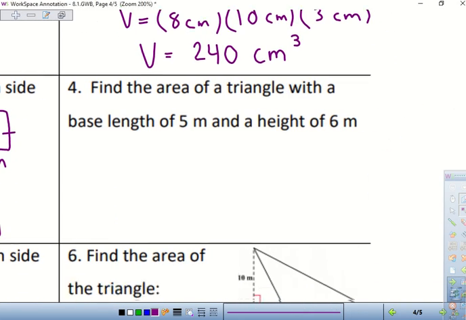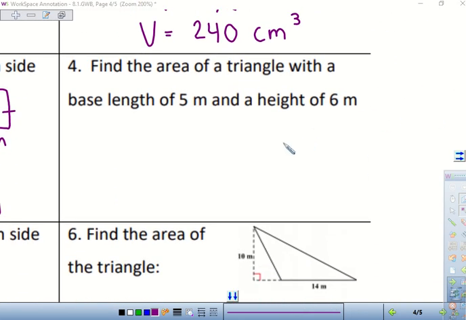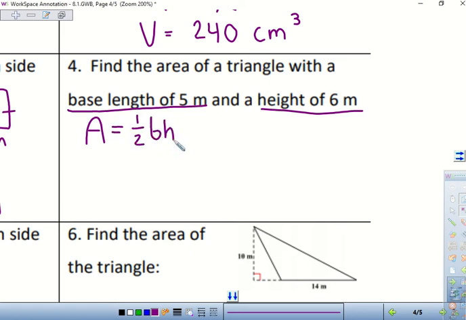Alright, so it says, find the area of a triangle with a base length of 5 meters and a height of 6 meters. 30? Not quite, almost. So the formula for area of a triangle is 1/2 base times height.